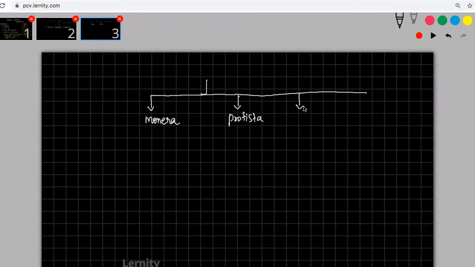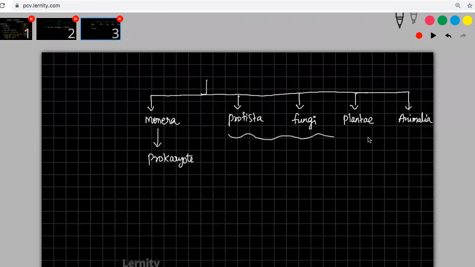The third kingdom is fungi. The fourth kingdom is Plantae. And the fifth kingdom is Animalia. In this, only Monera is prokaryote. All the remaining 4 kingdoms are eukaryotes.